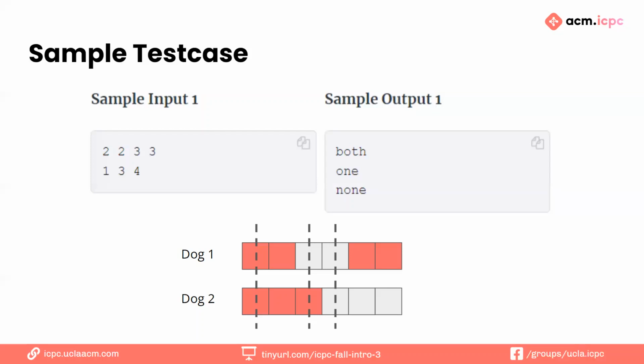I drew a dotted line at each of the slots, indicating when each of the 3 people is going to visit this house. You notice that the first person, unluckily, shows up and both dogs are aggressive. The second person shows up and sees one dog is aggressive, so you output one. And then the third person comes, both dogs are calm, therefore none of the dogs are aggressive, and that would be the final output of this problem.